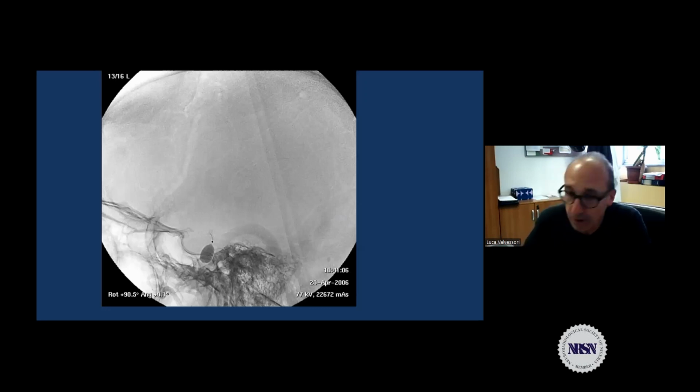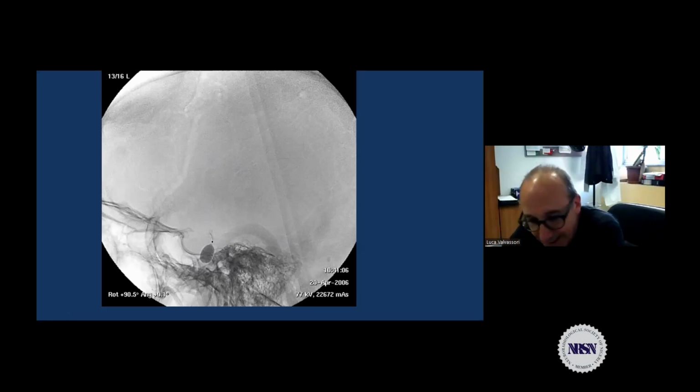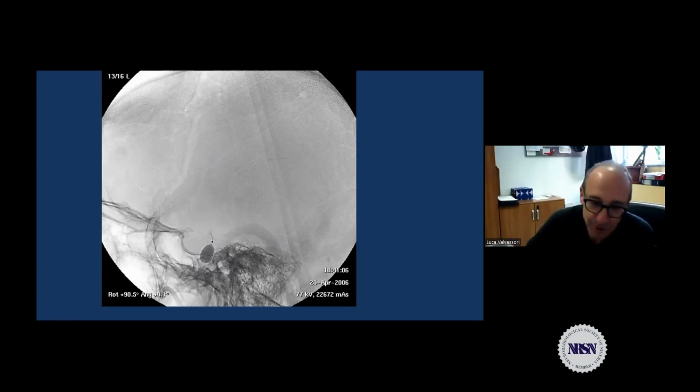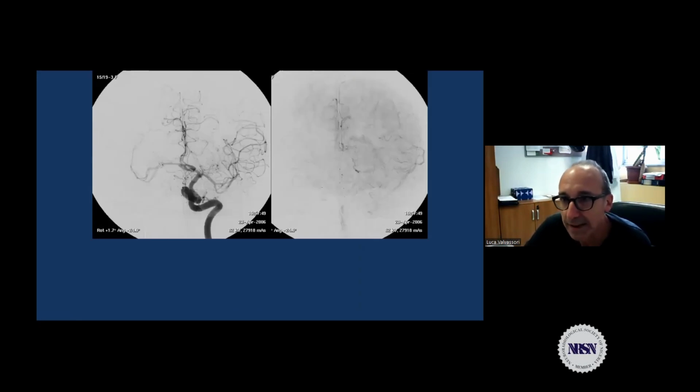This is the lateral view, because we can occlude the artery with this balloon. These are not the latex balloons of the Serbinenko era, but newer latex balloons, but the concept is exactly the same. We can put this latex balloon very close to the aneurysm, but proximal to it, so we don't need to go through all the internal carotid to the brain.